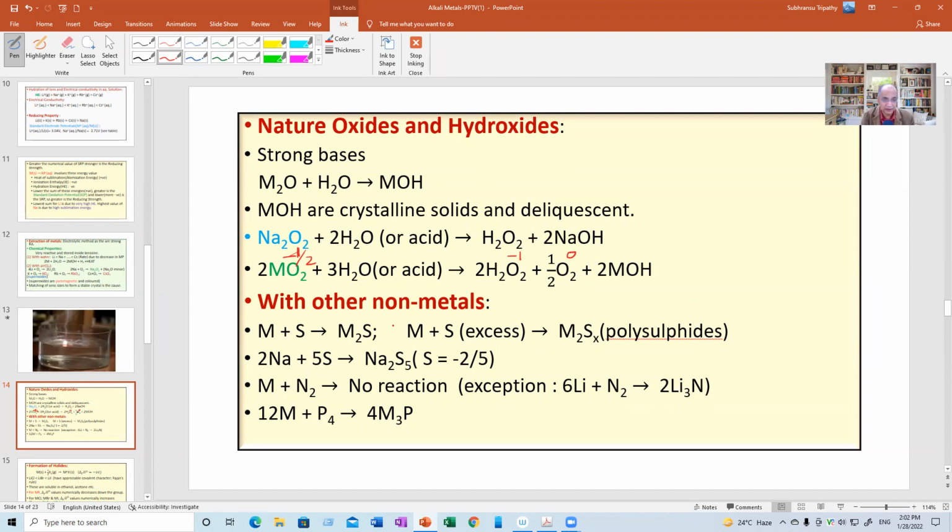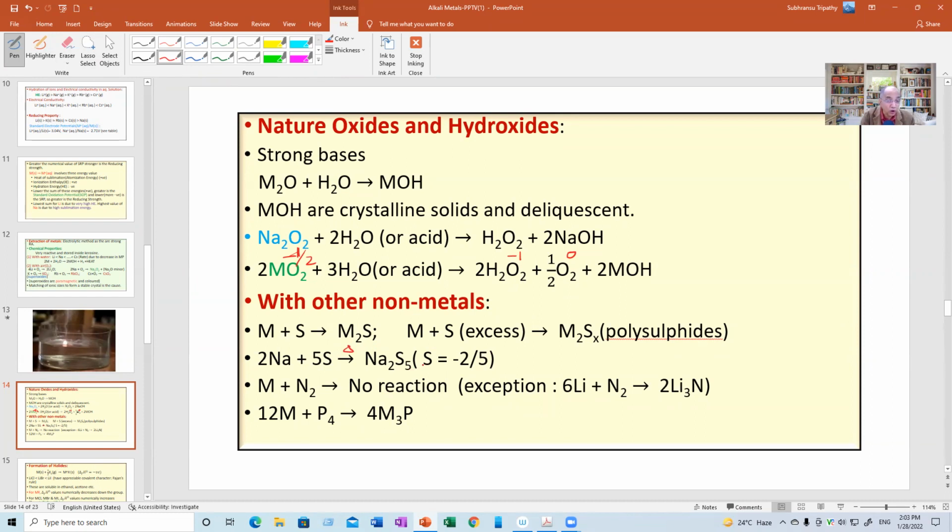This is superoxide. And with other non-metals, with sulfur, it forms sulfide. But remember that with excess sulfur, it produces polysulfide. For example, sodium with excess sulfur, if you heat, I have not given the heat symbol anywhere, these are all heating, it will produce pentasulfide.